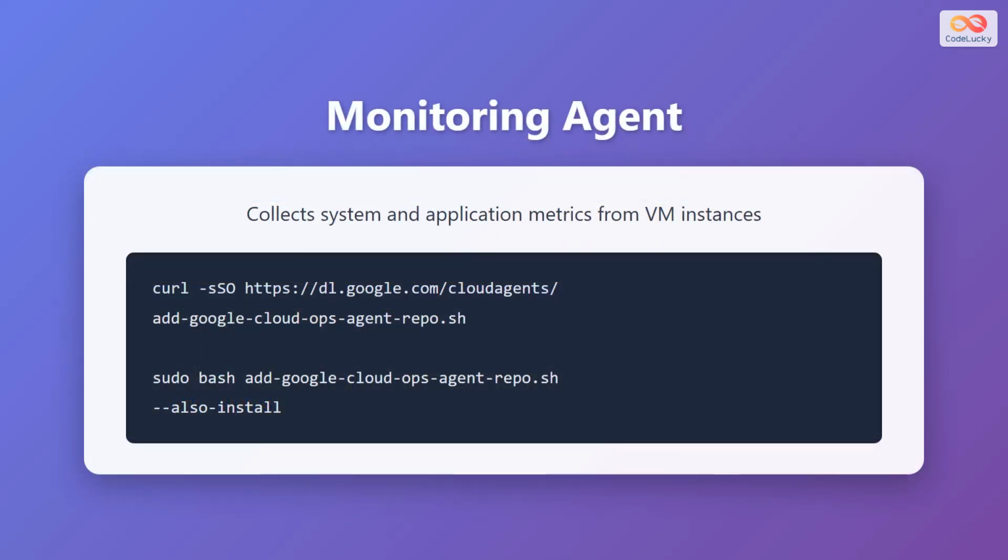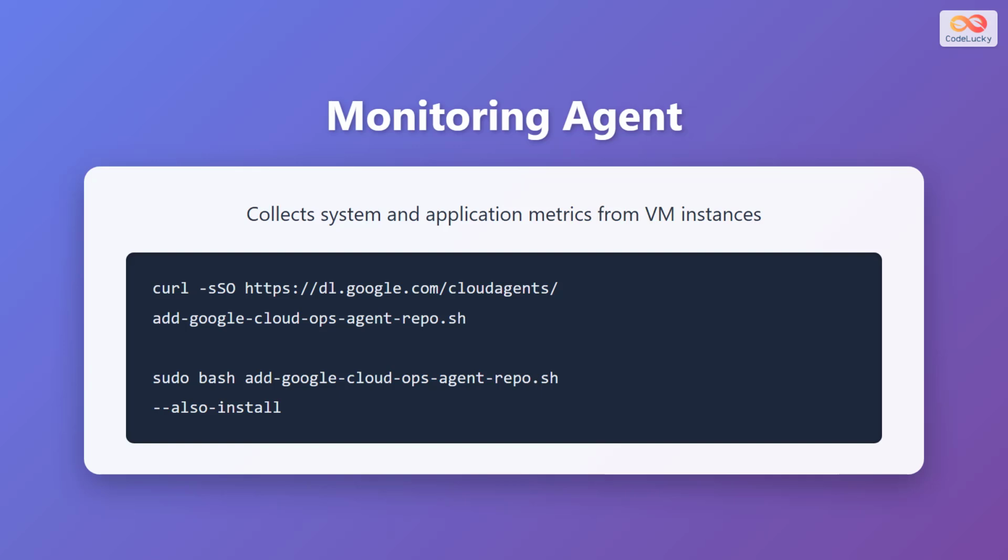The Cloud Monitoring Agent, also known as the Ops Agent, is a lightweight software component that you install on your virtual machine instances to collect detailed system and application metrics. While Google Cloud automatically collects some basic metrics from your resources, the agent provides much deeper visibility into what's happening inside your VMs. Installing the agent is straightforward.